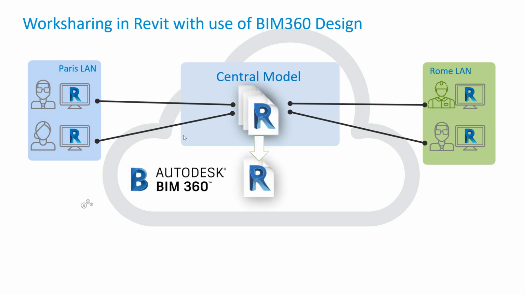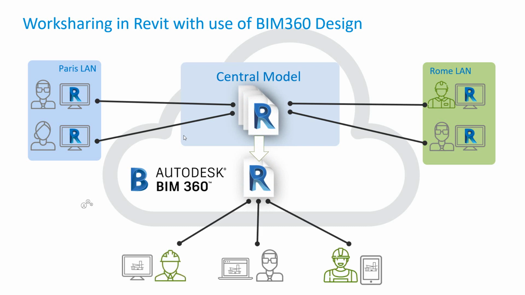So what happens here is that you are having a central model in the cloud. For those of you that are maybe using worksharing in the local network, in the office, without using internet, just a local network, it will be very familiar, well, similar.